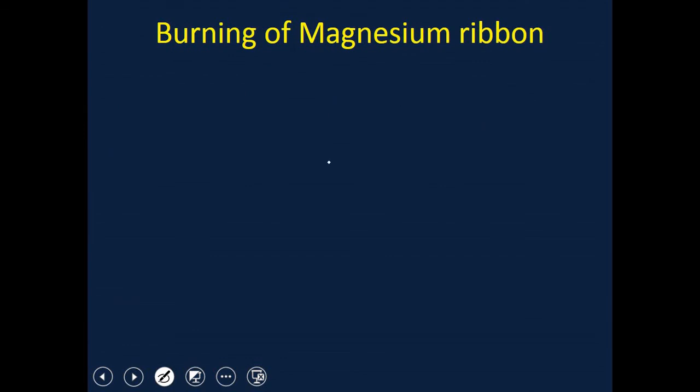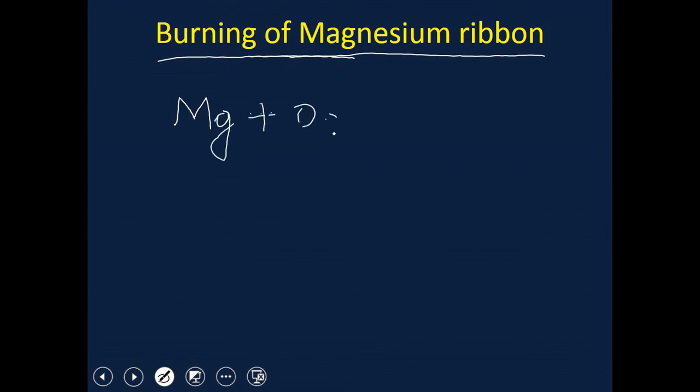So, we will see burning of a magnesium ribbon. Children, in your previous classes, you must have seen the burning of magnesium ribbon in the laboratory also. So what happens when a magnesium ribbon is burnt? I'm just writing the chemical equation. The symbol of magnesium is Mg. When magnesium ribbon is burned, the burning takes place in the presence of air.